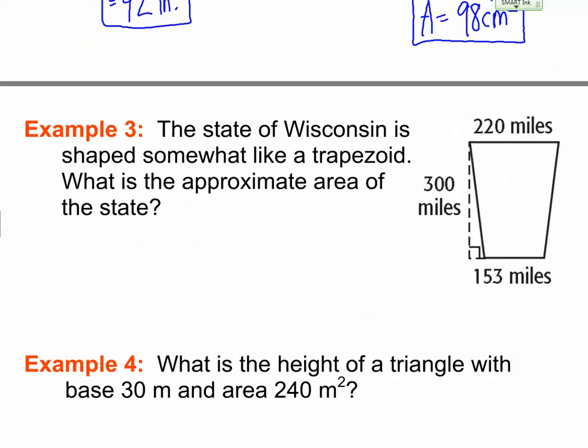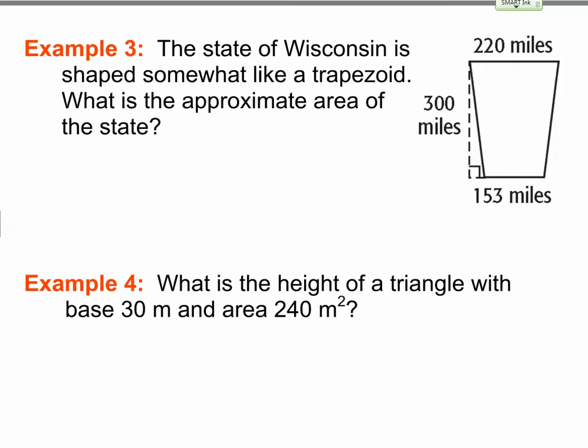Okay, Panthers, let's move on to examples 3 and 4. Example 3 says the state of Wisconsin is shaped somewhat like a trapezoid. What is the approximate area of the state? So we're going to pull out our trapezoid formula. 1/2 of the height multiplied by the sum of the 2 bases.